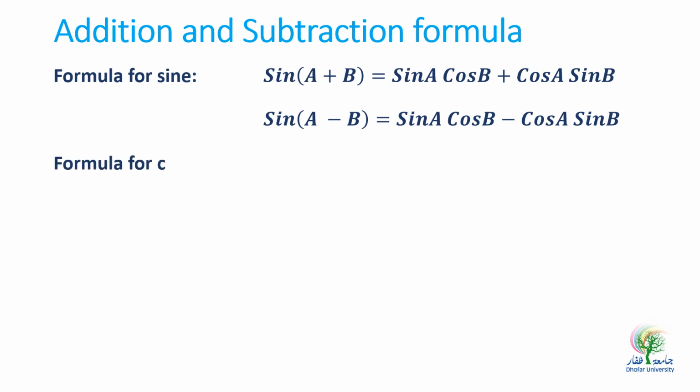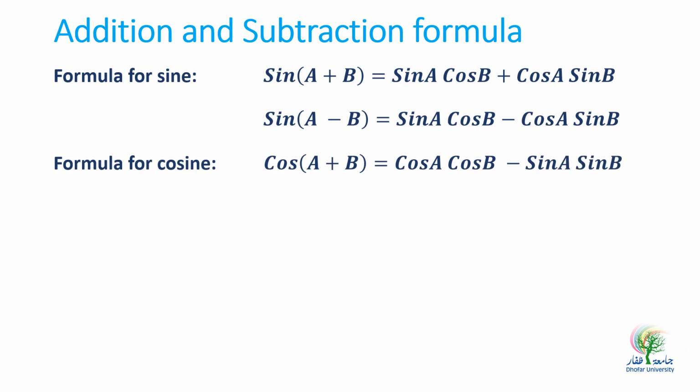Formula for cosine. Cosine A plus B equals cosine A cosine B minus sine A sine B. If plus here, we write minus, keep in mind. In the cosine formula, we write cosine A cosine B, sine A sine B. If plus, between we write minus. So these are the formulas we have to remember.